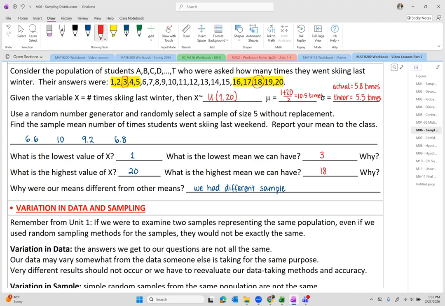So we didn't get the lowest mean possible and we didn't get the highest mean possible, but the minimum and the maximum for the mean itself are not equal to the minimum and the maximum for the data value.